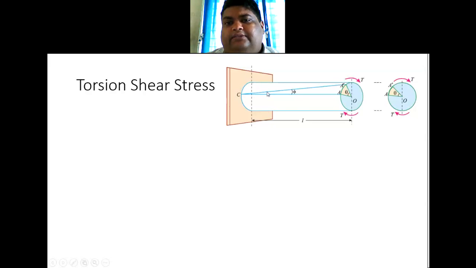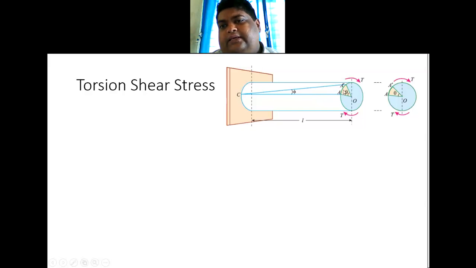Now here I have considered a shaft. I have fixed one end and the other end is free, where I am applying a torque equal to T, right? Now because of this torque, you are twisting the shaft. Because of this, on the surface of the shaft, I have considered a line CA.